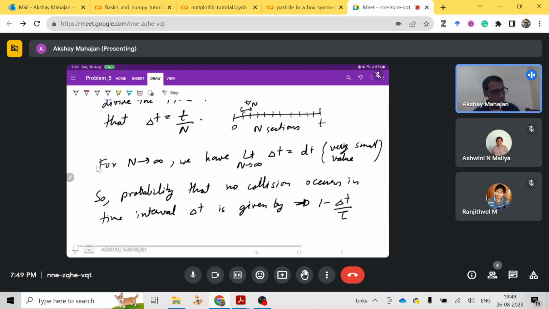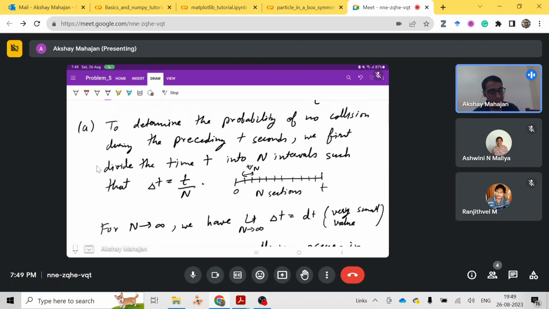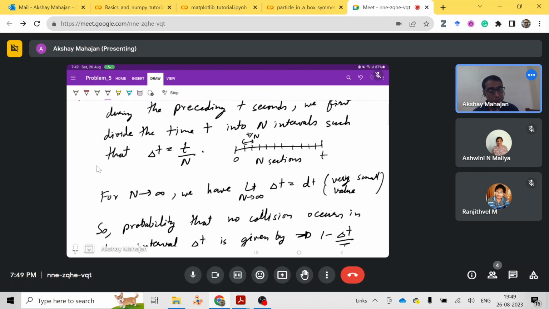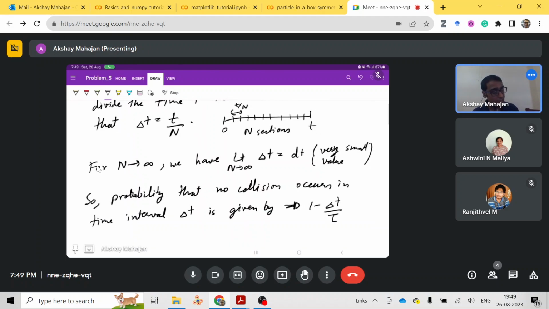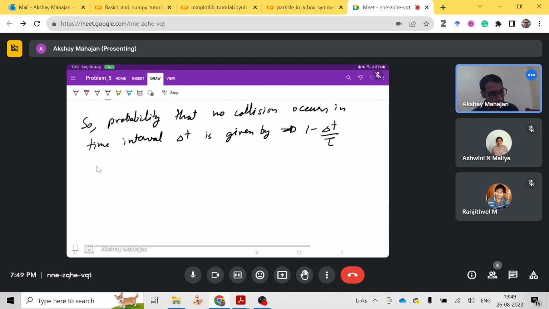That is from the Drude model: if there is no collision, the probability is 1 minus dt by tau. We need to find this for the preceding t seconds, so we divided 0 to t into n sections, each delta t equal to t by N, and if n tends to infinity, this delta t is basically our infinitesimal dt, for which the probability that no collision happens in this delta t time is 1 minus delta t by tau. That is given from the Drude model.